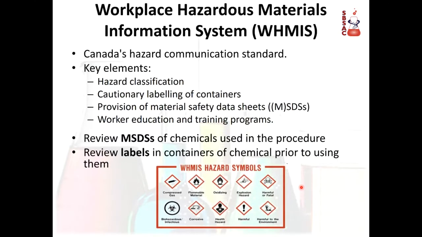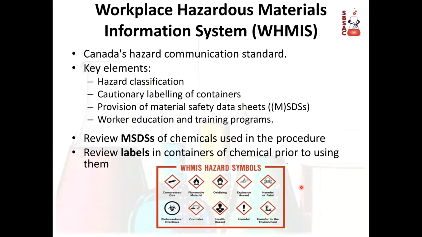In that sense, in terms of safety data sheets and labeling, there is a system in Canada which is named WHMIS, corresponding to Workplace Hazardous Materials Information System. This is a system that basically standardizes how danger should be communicated to workers. It has several key elements.